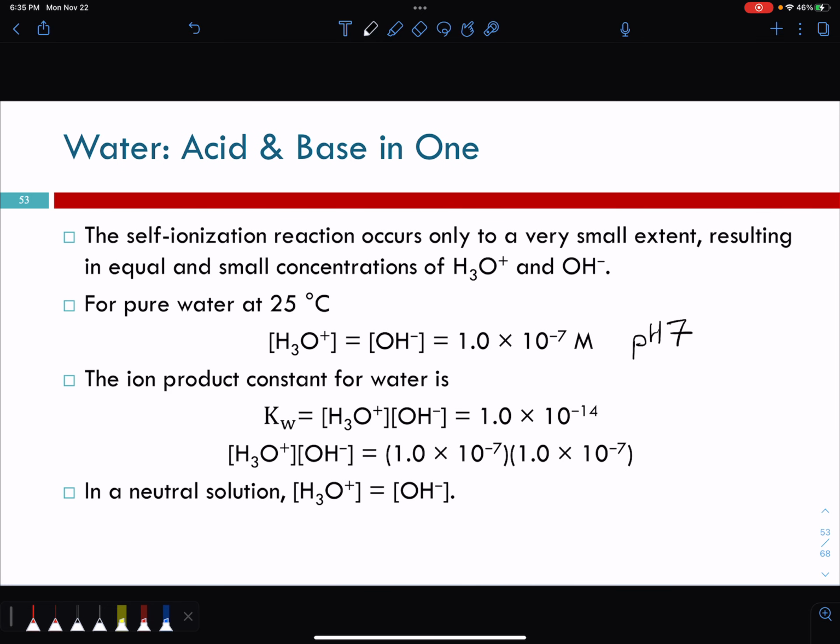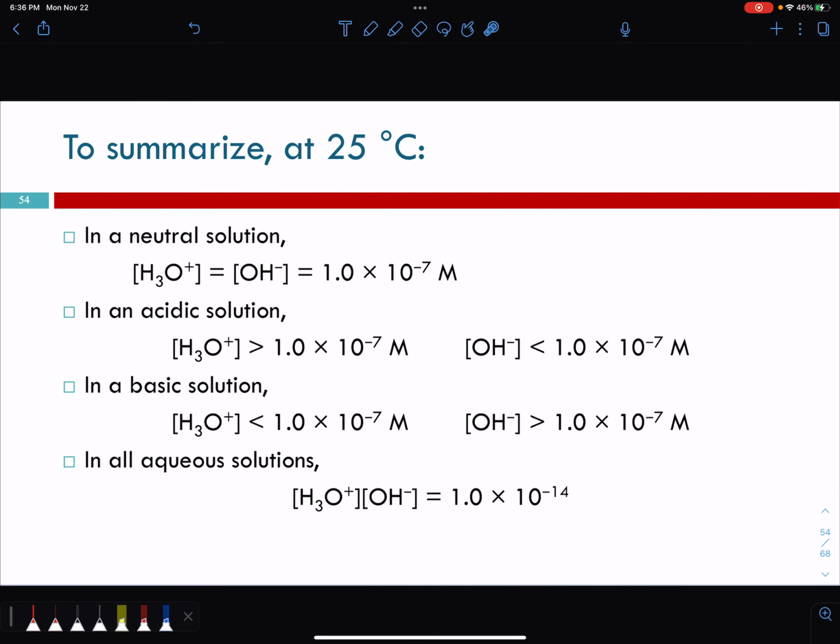Okay, so, talking about water, it makes acid and base all the time. There's always this concentration of self-ionized acid and base, so there's a balance between the two. In a neutral solution, the two both equal 1 times 10 to the negative 7. In an acidic solution, we'll have more H plus from our acid than OH minus, so our H3O plus concentration is going to be greater.